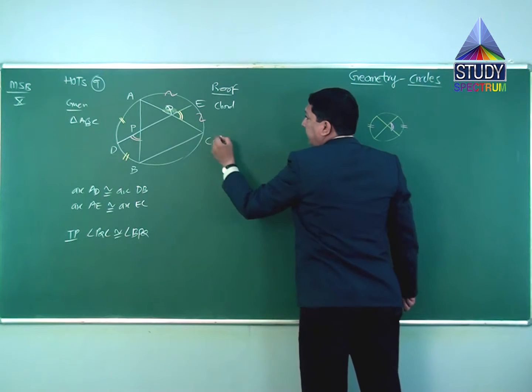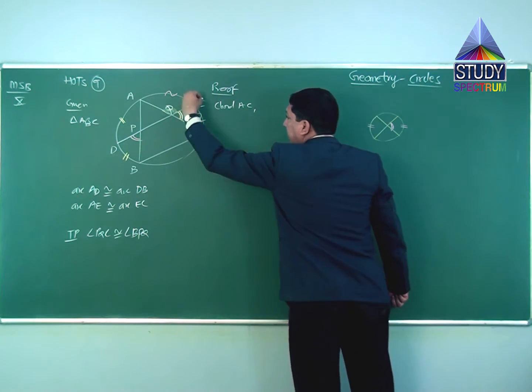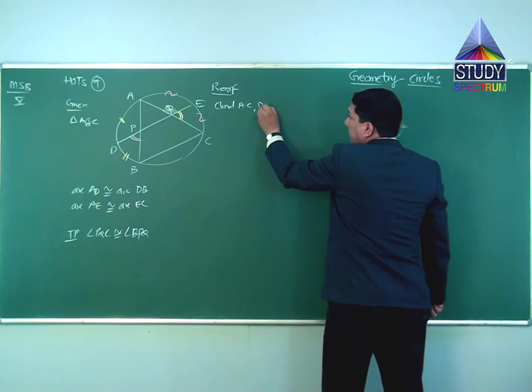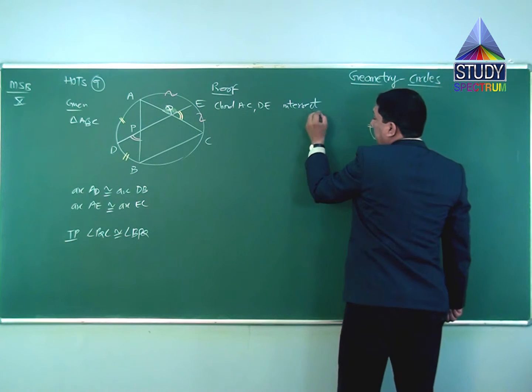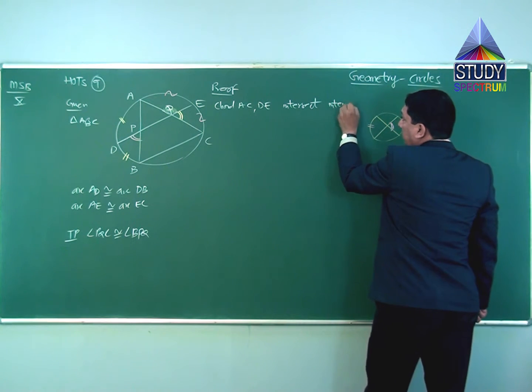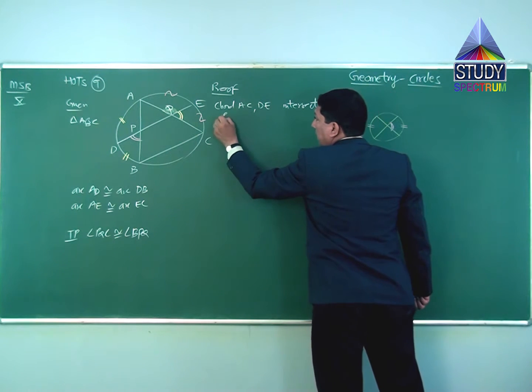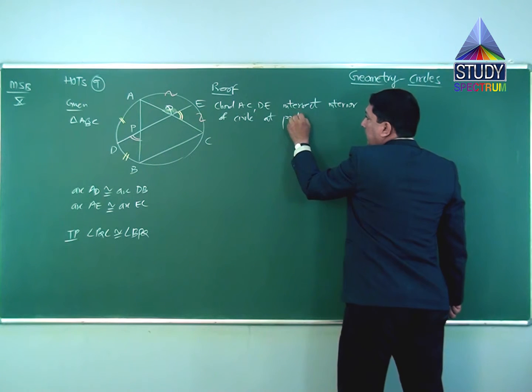Chords AC and DE intersect in the interior of the circle at point Q.